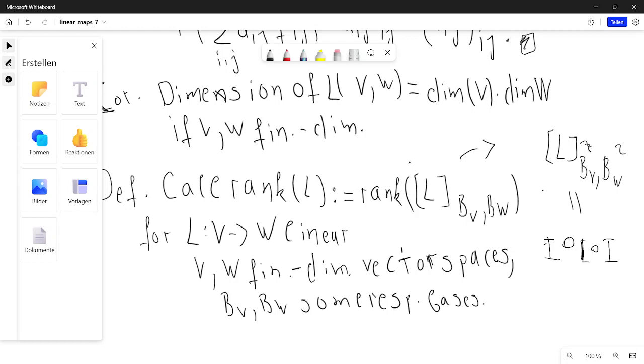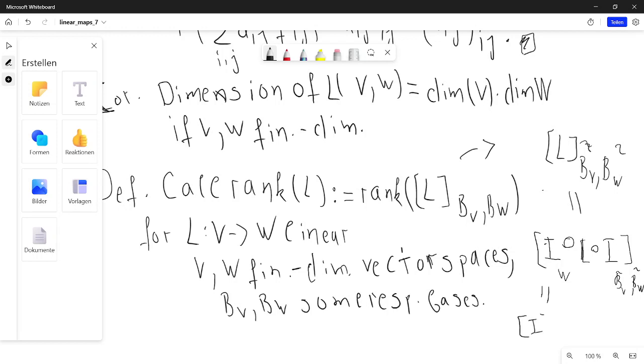Let this be just the identity on the space W, let this be the identity of space V. This can be represented with respect to something, and we just have to find proper bases.